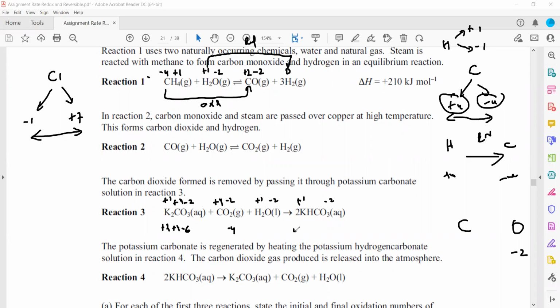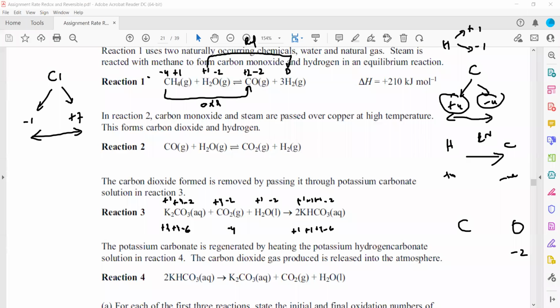When I write the total, plus 1, plus 1, plus 4 and minus 6. For the fourth reaction there is no change in oxidation number, so this is not a redox reaction. Basically, in the first reaction carbon changes from minus 4 to plus 2 and hydrogen changes from plus 1 to 0, so that is oxidation and reduction. So the first reaction is a redox reaction.